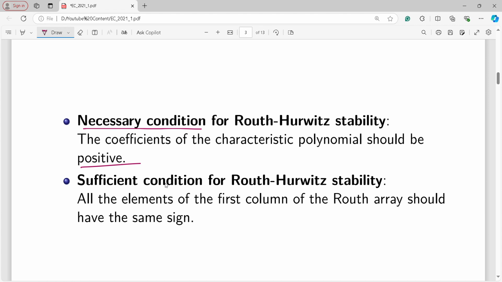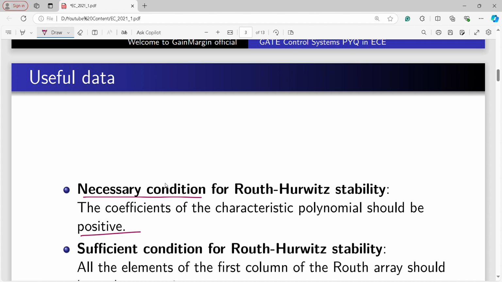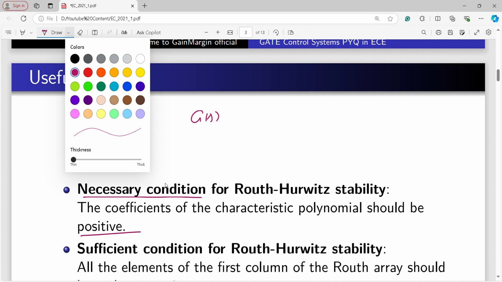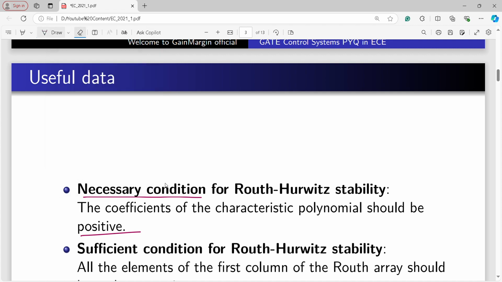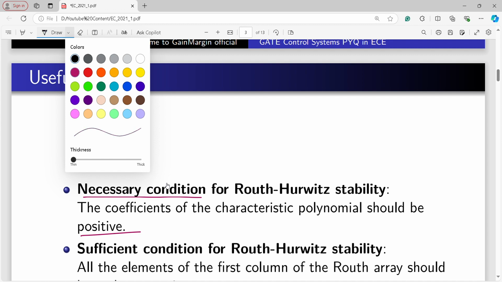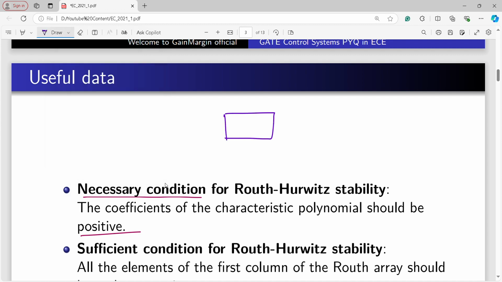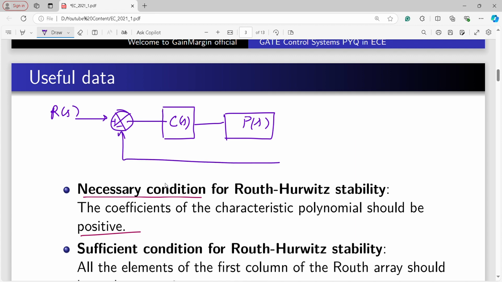Here you can see this is my plant, which we just take as P of S. This is my controller, the transfer function C of S. This is my reference R of S, and this is my feedback.